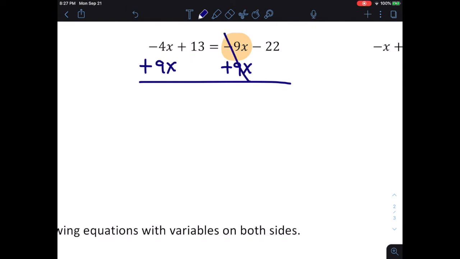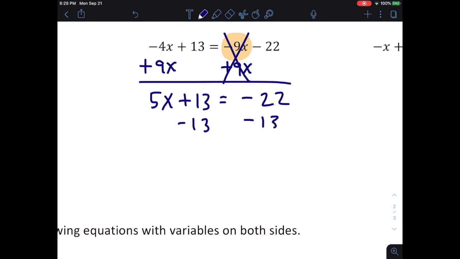Okay, so that cancels. Negative 4x plus 9x, so that's going to be positive 5x. Bring down the plus 13 equals negative 22. And then to get the numbers on the right-hand side, I'm subtracting 13. So we have 5x equals negative 35. Anytime they're both negative, I just like to look at them and say, hey, I'm just going to add those two numbers together.